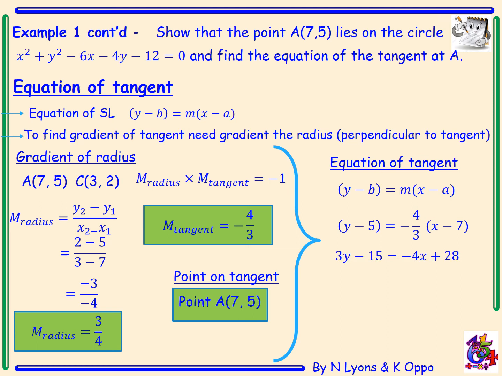From there, we will multiply everything by 3 to get 3y minus 15, and we'll also expand our bracket to get negative 4x plus 28. Rearranging, 3y equals negative 4x plus 43 to give a final answer of 4x plus 3y equals 43.